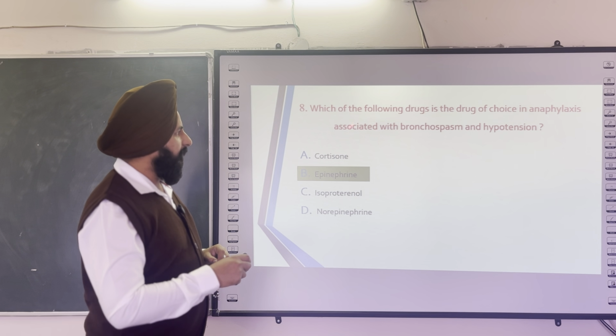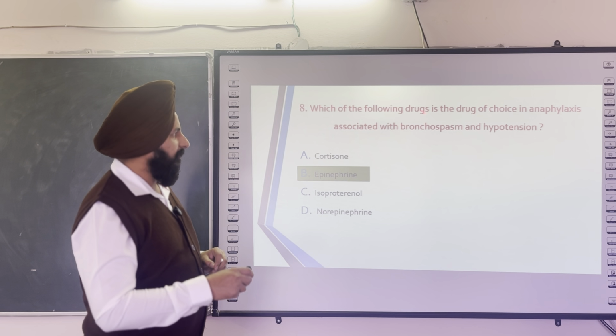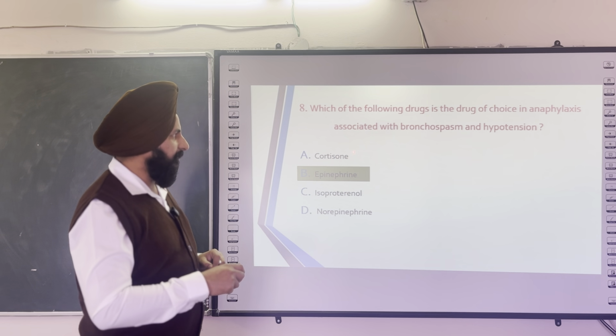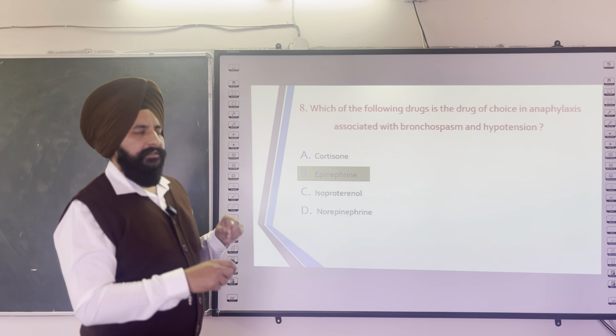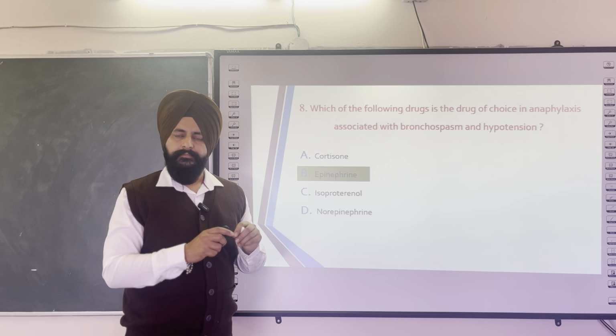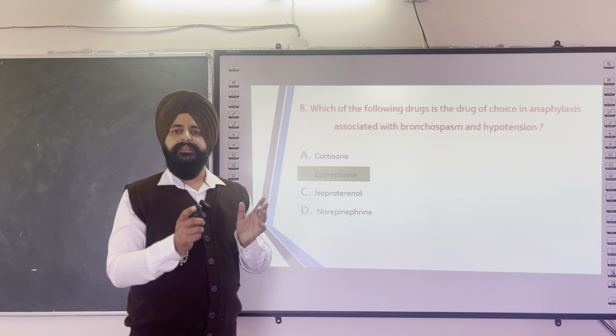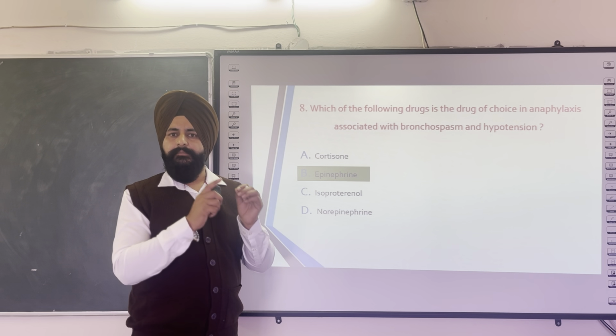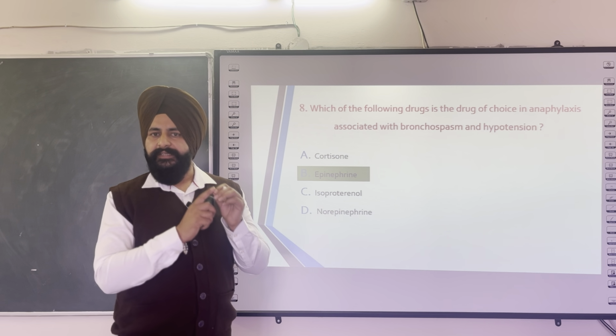So epinephrine is the drug of choice in case of anaphylaxis whenever the patient suffers from bronchospasm, because epinephrine dephosphorylates the myosin light chain kinase and inhibits the smooth muscle contraction in the bronchial area.